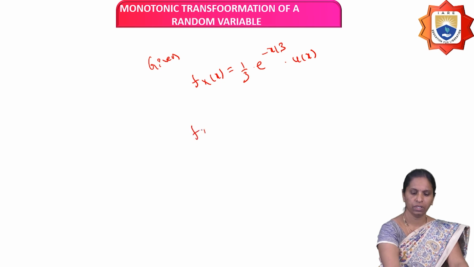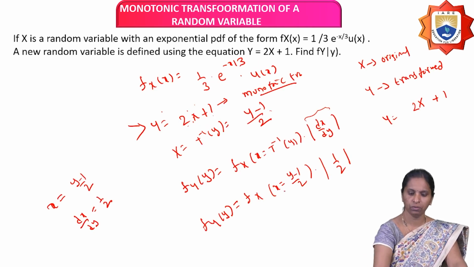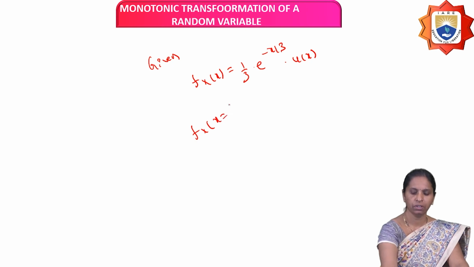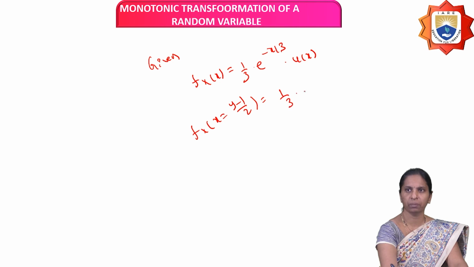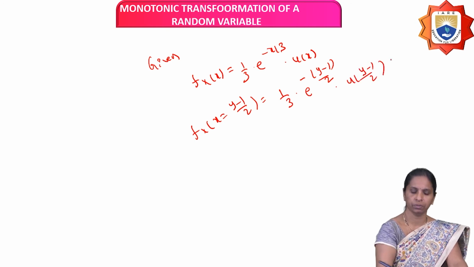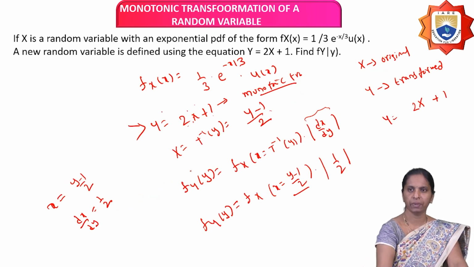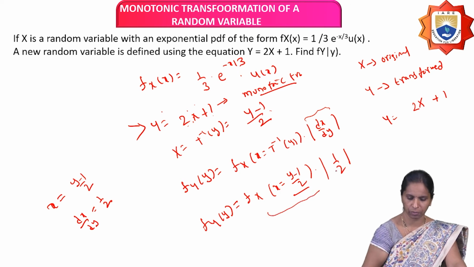Now, in place of x, what do I have to substitute? Y minus 1 by 2. So in place of x, substitute y minus 1 by 2. Then what can you obtain here? 1 by 3 into e power minus y minus 1 by 2 into u of y minus 1 by 2. Therefore, the density function of the new random variable Fy of y equals Fx of x equals y minus 1 by 2 into mod of 1 by 2.